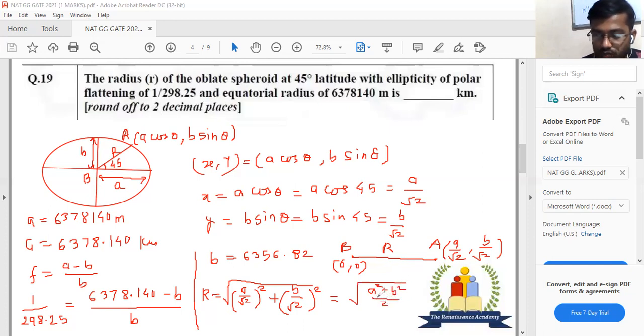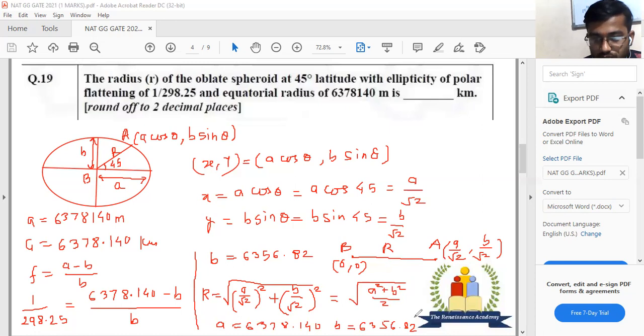Now we have the value of a and b. The value of a is 6378.140 kilometer, and the value of b is 6356.82.